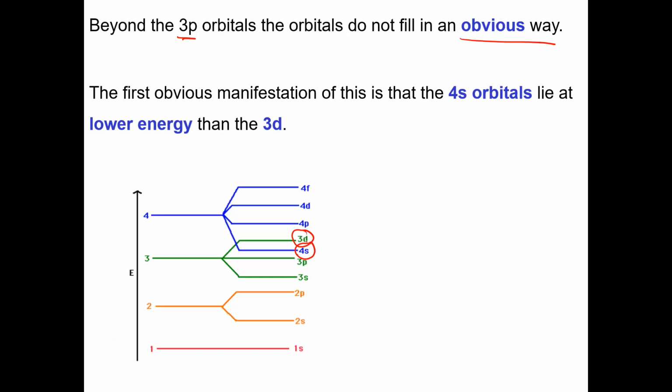It's 4s that comes after the 3p. So we're going to go 1s2, 2s2, 2p6, 3s2, 3p6, and then we start filling up the 4s. And like I said, that's not obvious. You might have expected that it was going to be 3d.